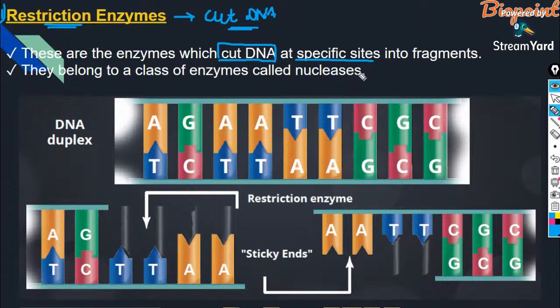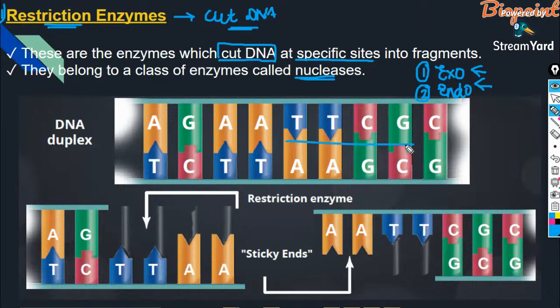This restriction enzyme belongs to a particular class of enzymes called nucleases. Restriction enzymes can be mainly of two types: exonucleases and endonucleases.